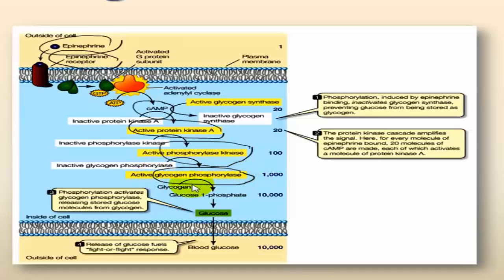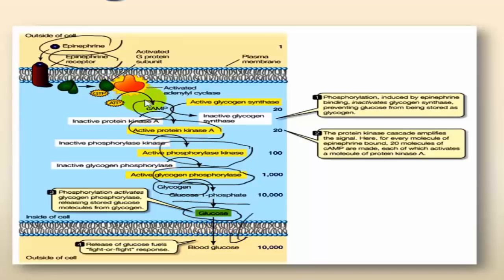That enzyme would act on glycogen, which is the storage form of glucose, and hydrolyze it into glucose 1-phosphate, which is then dephosphorylated to produce glucose, which will diffuse out of the cell and flood the blood with glucose.